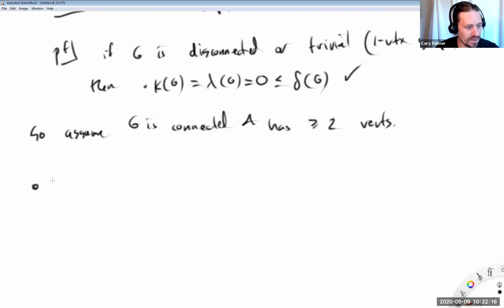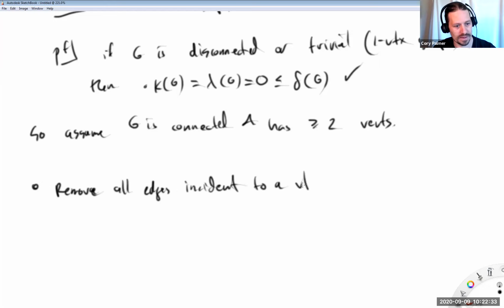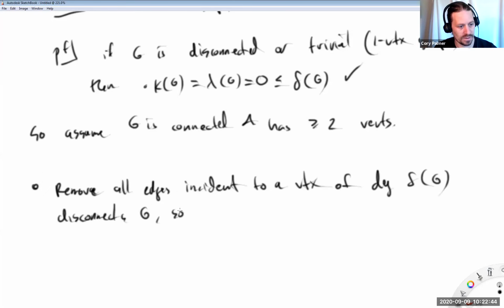So as Andy pointed out, if we remove all edges incident to a vertex, we'll definitely disconnect the graph, right? So removing all edges incident to a vertex of minimum degree, of degree little delta of G, disconnects G. So that immediately tells us that lambda of G is bounded above by delta of G, right?